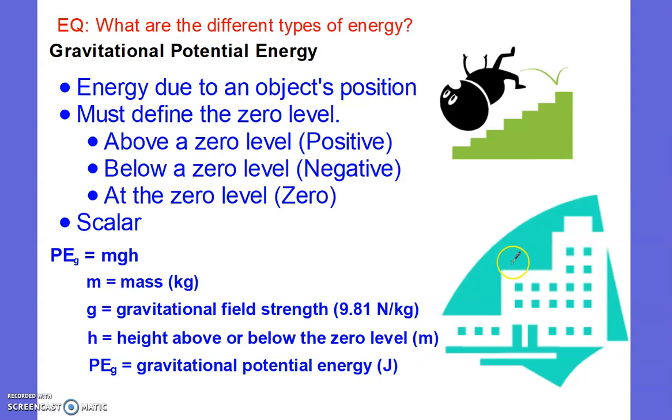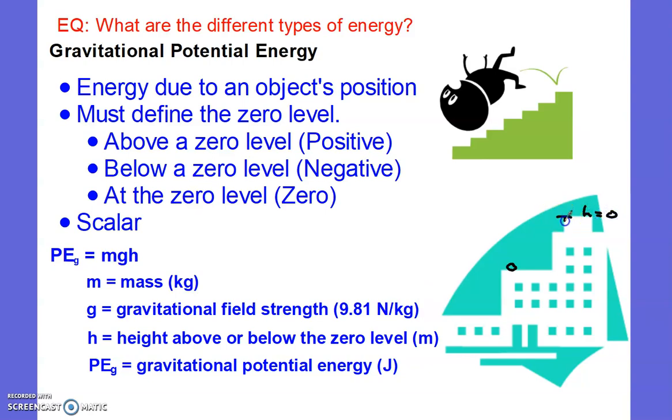For example, let's say we have an object resting on a building here. If we call the zero height down here, then we would have a positive gravitational potential energy. We call our height how far above that we are. But we could just as easily call the zero height at the top. So I could call this my zero height.